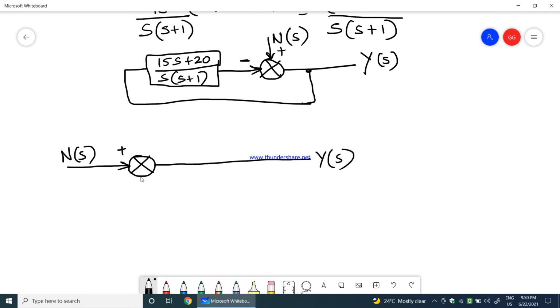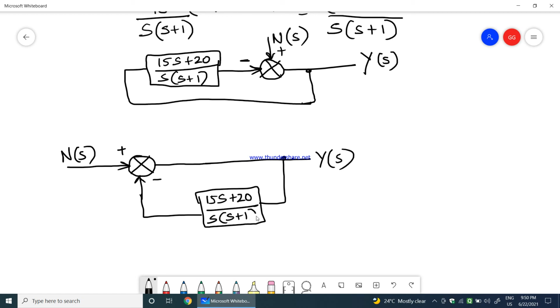Now here, from this y of s, this is going, therefore it is reaching here, which is negative, and it is given to y of s, which is 15s plus 20 divided by s into s plus 1. So now again you see this is the complete feedback loop. Therefore, I can say g is now equal to 1, whereas this will behave as h.